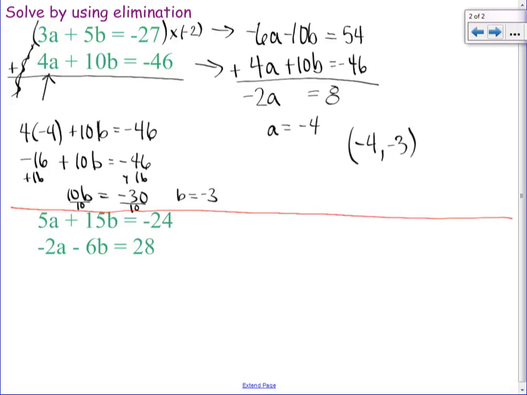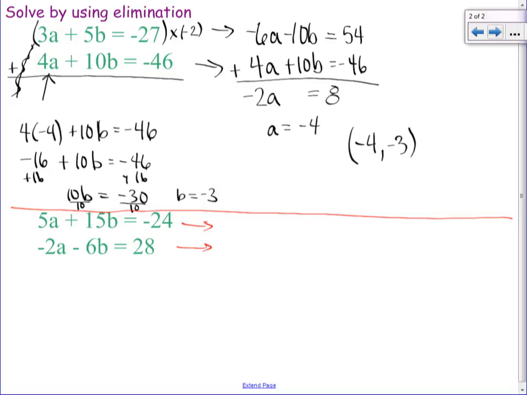All right, so looking at this one, up top, we were able to just multiply one equation by a number and have something cancel out. On this one, notice we can't. Okay, so sometimes we have to multiply both equations by a number, which is fine. So let's try to cancel the a's out since they're smaller numbers.